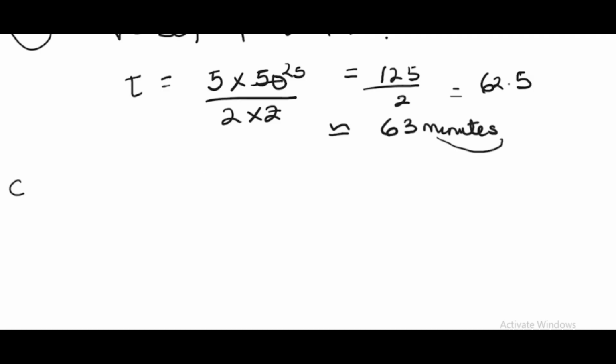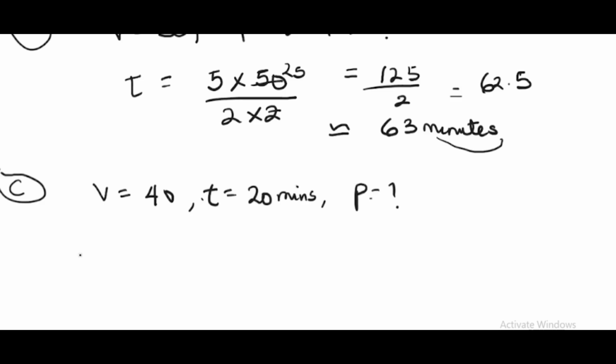The last but not the least, V has been provided to be 40 vehicles, time 20 minutes. How many pumps at that? We don't know. So we now have T, which is 20, equal to 5 times V, which is 40, over 2 times P, which we do not know.